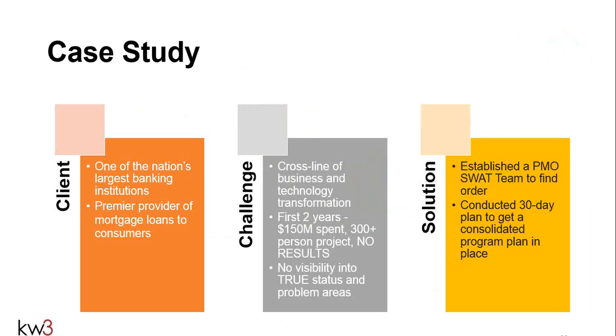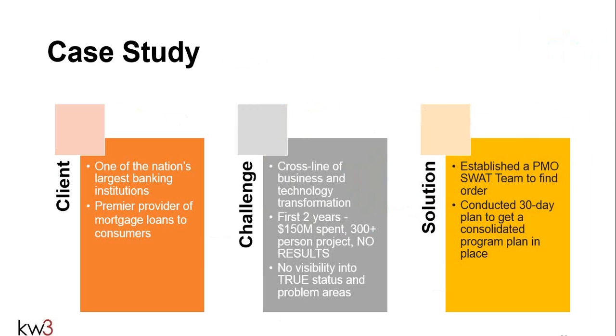So there lies the root of the issue. So for the first 30 days, it was about getting a quick and dirty program plan and high-level scorecard in place to start to help get this project on track.